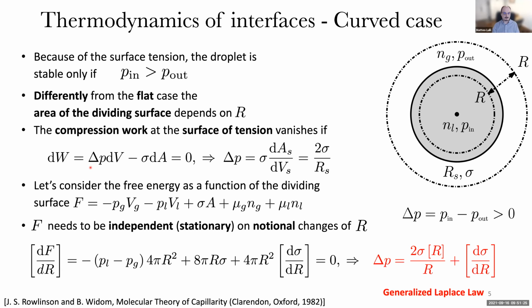That's how they are defined, and these notional changes are always indicated with square brackets in the literature. If one does the calculation, the variations of the volumes of the gas and liquid will be the same in magnitude and opposite in sign. Then we get the variation of the area and then the notional variation of the surface tension. So we get to something that is called the generalized Laplace law. Very good.